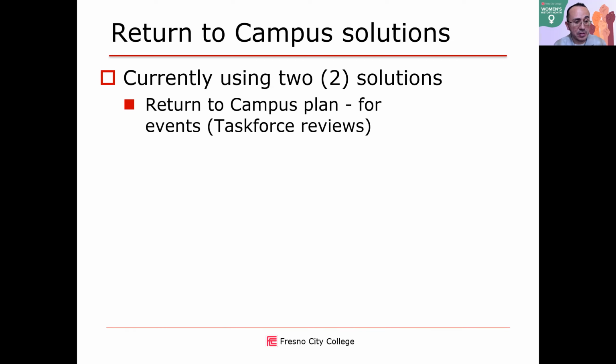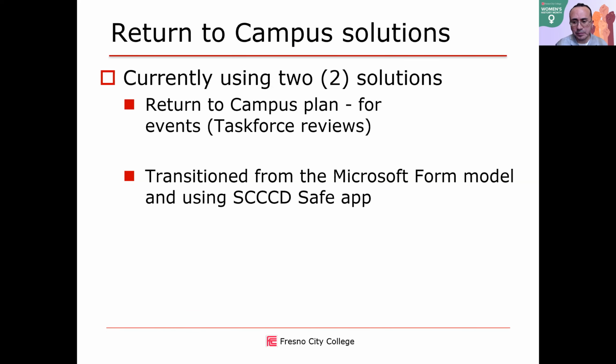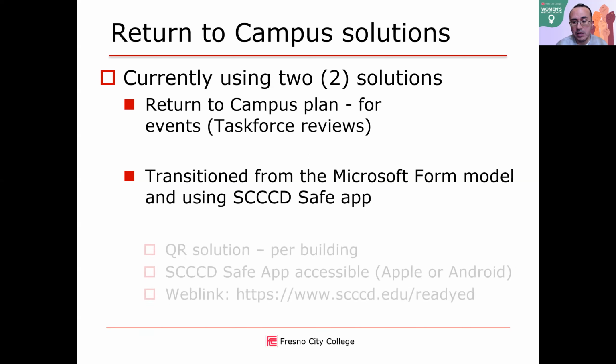I did want to mention that because some of you may know that that's happening. A lot of you have been interactive with that process. But today we're going to talk a little bit about our new Ready Ed app, which we transitioned to from the Microsoft Forms model that we had previous to January semester. So what is it?